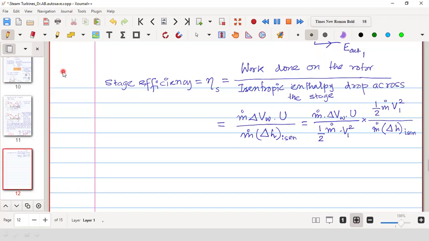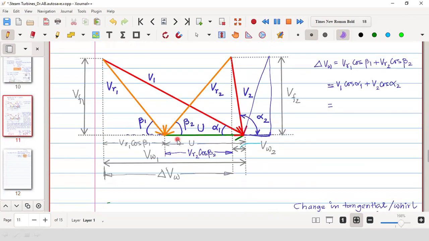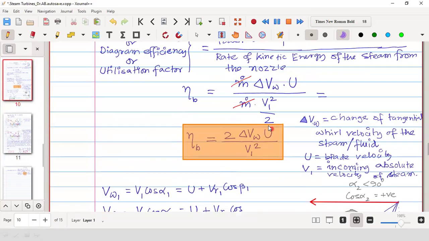Now you see the meanings. The first quantity is what we have just developed. That is the blade efficiency.